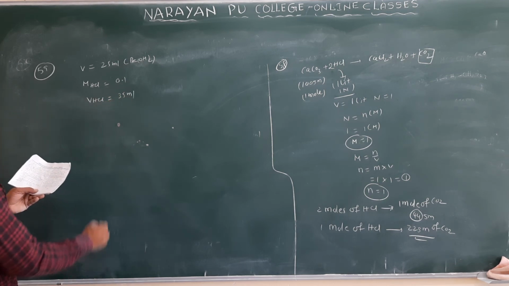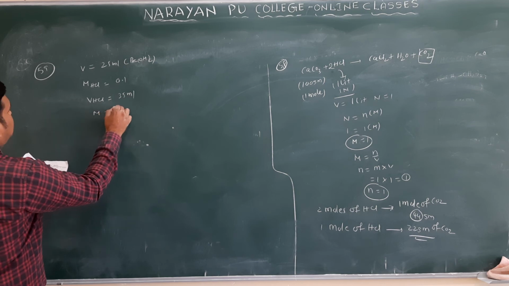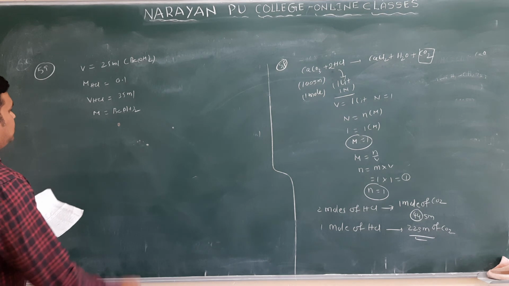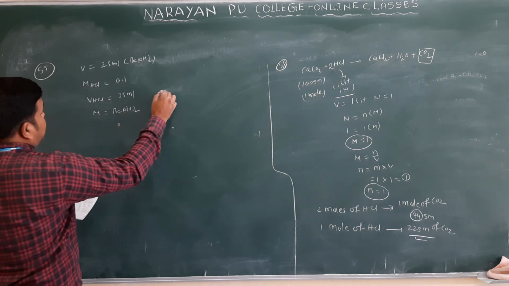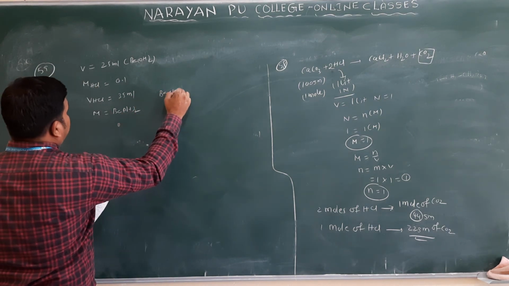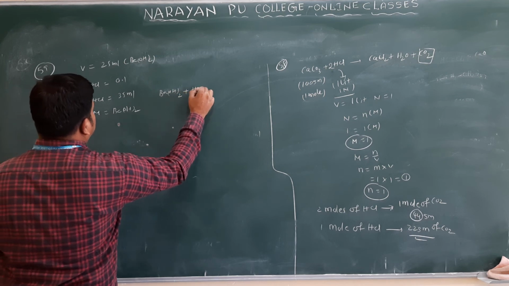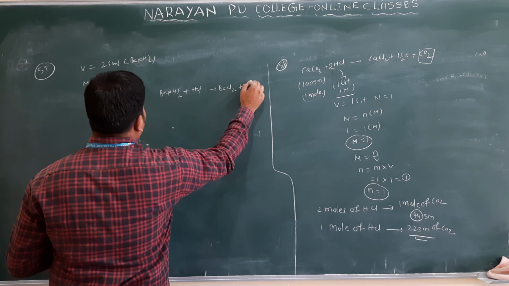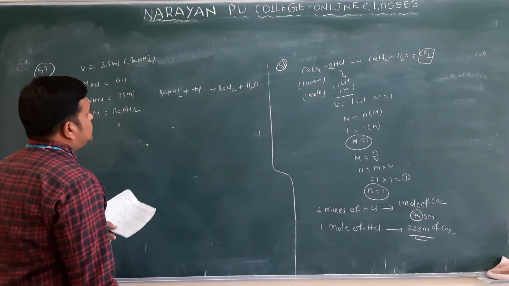Now what are they asking here? The molarity of barium hydroxide. So generally you can write the equation. Barium hydroxide plus HCl gives barium chloride plus H2O.